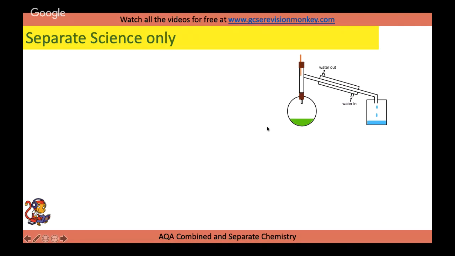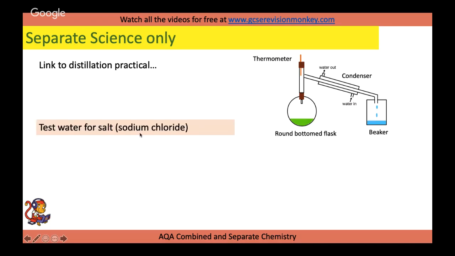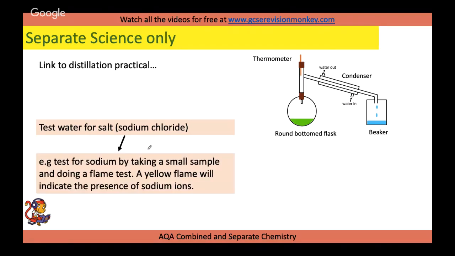So I said before that these tests for ions can link back to distillation. So if you wanted to make sure before that you had sodium chloride and after that you didn't, you might want to test the sample for sodium chloride. So you'd test using a flame test, for example, and yellow would indicate the presence of sodium ions.